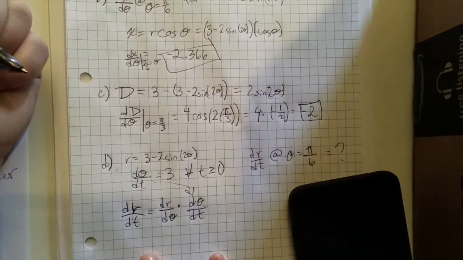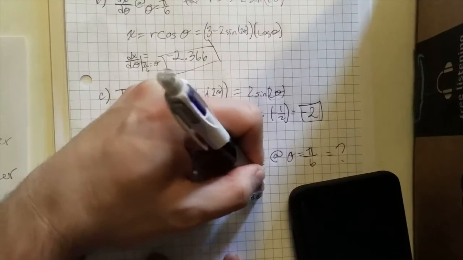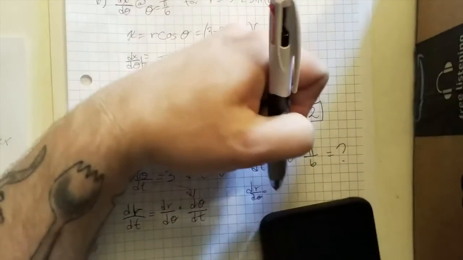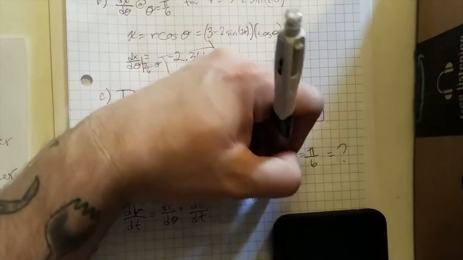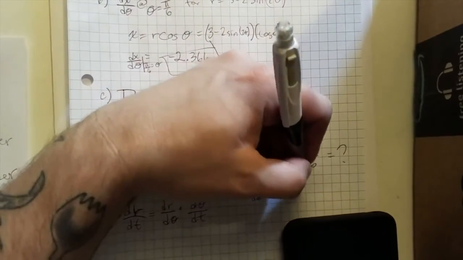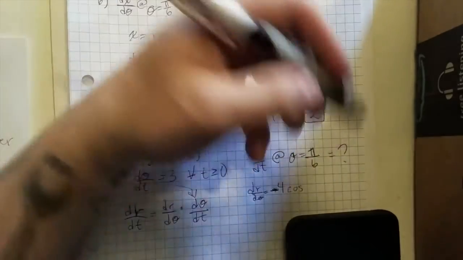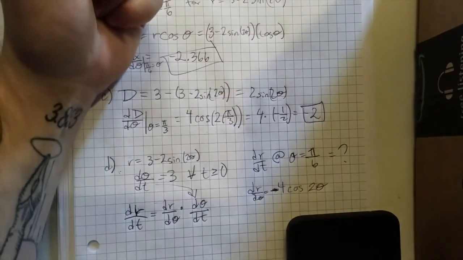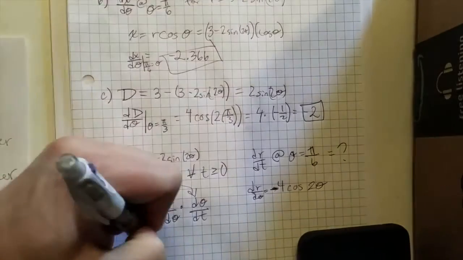So I have dr d theta is going to equal negative, nope, positive 4, negative 4 cosine 2 theta. My apologies, I can't deal with negatives right now. And we can plug that in here.